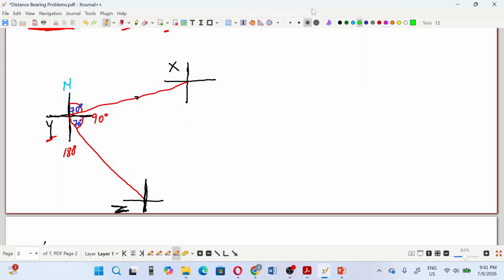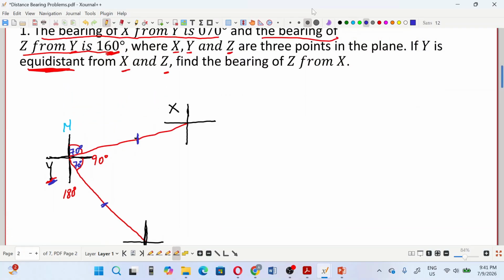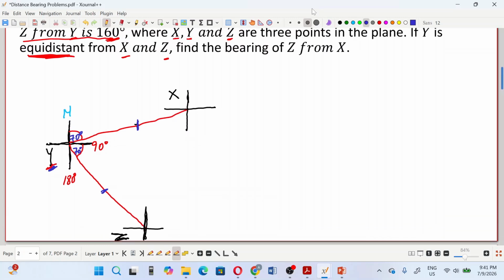The point Y is of equal distance from X and Z. So the distance from Y to X is the same as the distance from Y to Z. That's basically what it means, right? So we now have this, and we know automatically we are forming a right angle triangle. So I just got to join this. I'm joining this to form a right angle triangle, right?